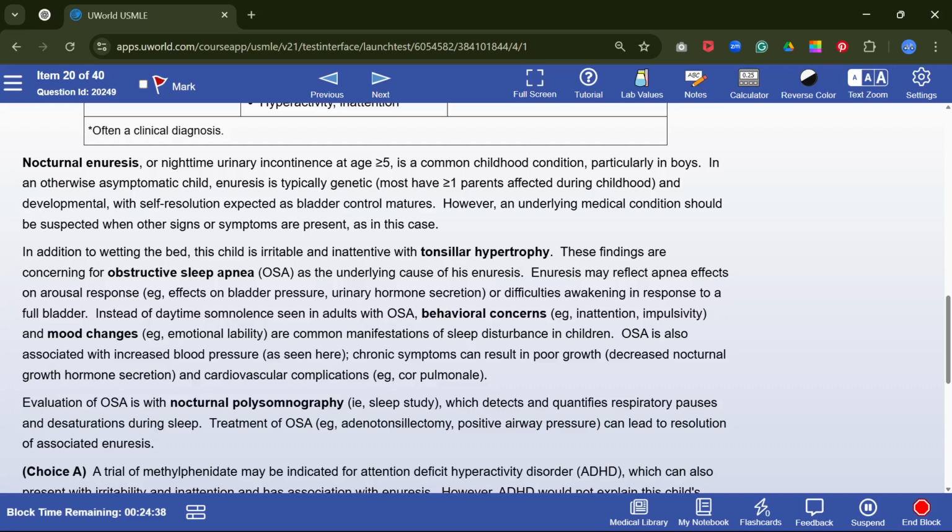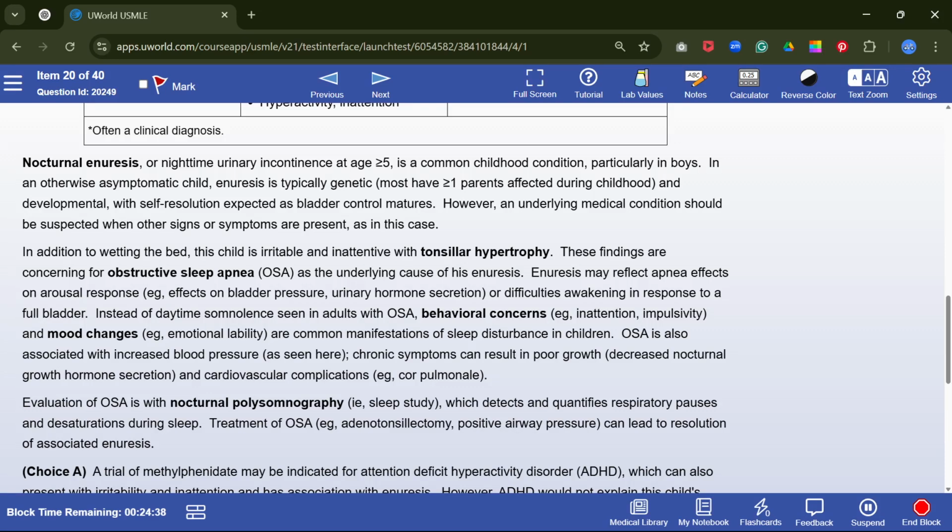In an otherwise asymptomatic child, enuresis is typically genetic, mostly with a parent affected during childhood, with self-resolution expected as bladder control matures. However, an underlying medical condition should be suspected when other signs and symptoms are present, as in this case.